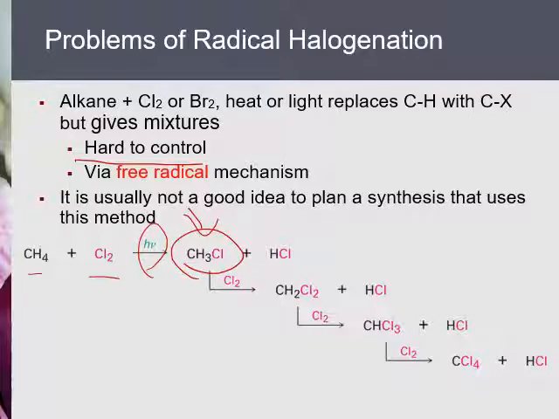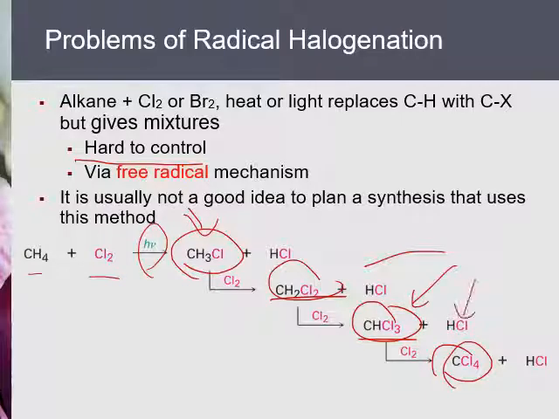Instead, a second hydrogen may be replaced, a third hydrogen may be replaced, or even all 4 hydrogens are replaced by chlorine. So the product is usually a mixture of all these alkyl halides. Now, if the synthesis goal is to make one of these alkyl halides, then radical halogenation is not the best choice for synthesis.